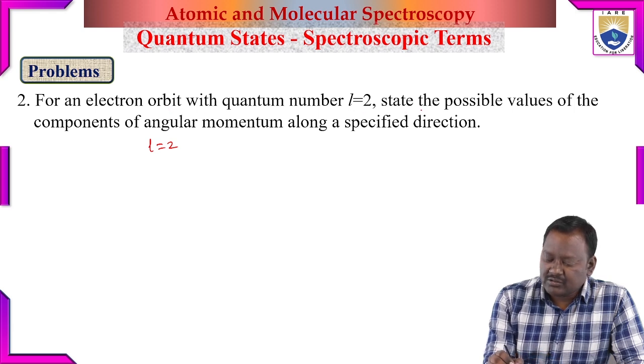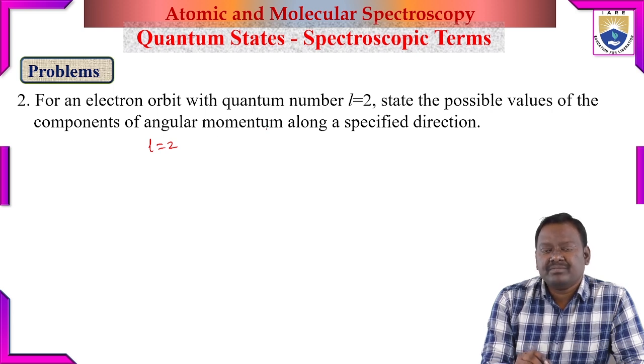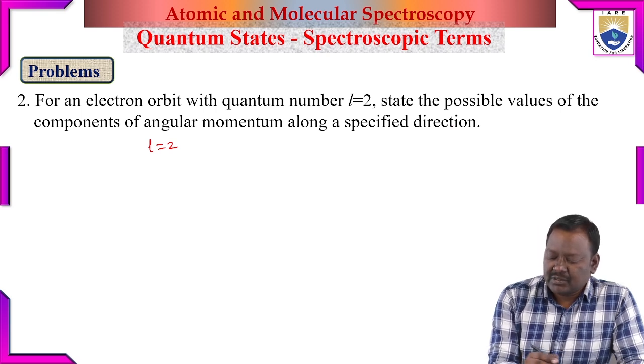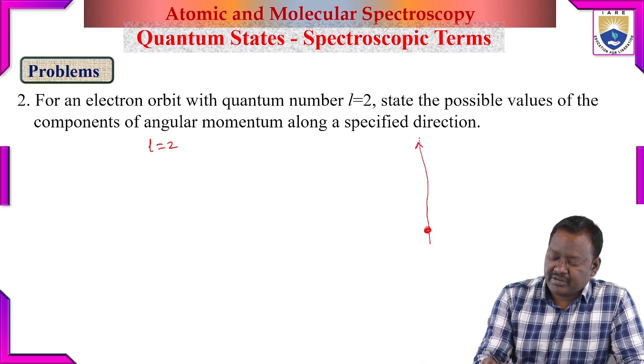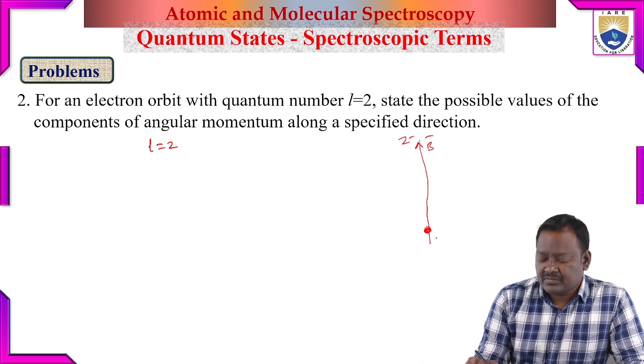So here the orbital, as in the earlier case, if we take the center of the nucleus, the direction of magnetic field is in the direction of the z-axis, and this is the orbital angular momentum vector L bar.